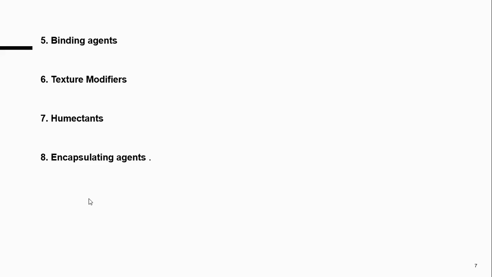They are very useful in the encapsulation of flavor compounds and other fragile, essential oil-based compounds. They are mainly involved in flavor release systems. They have very good application in pharma industries, nutraceutical and functional food industries. And we can see some application in edible film formation.